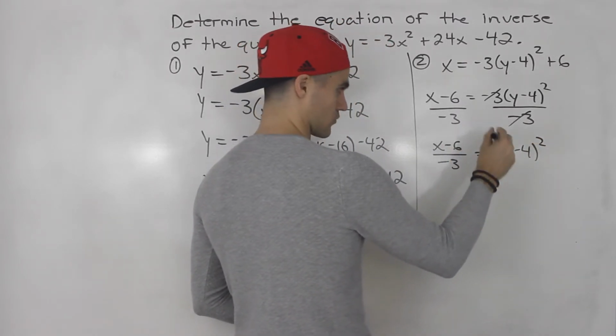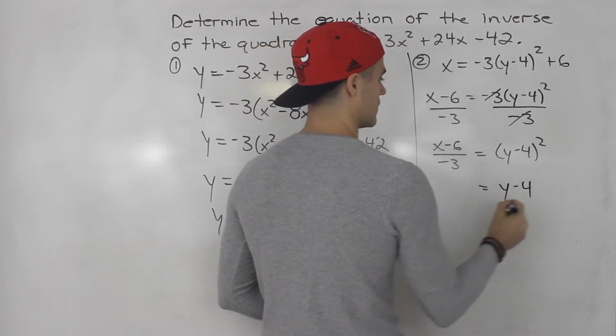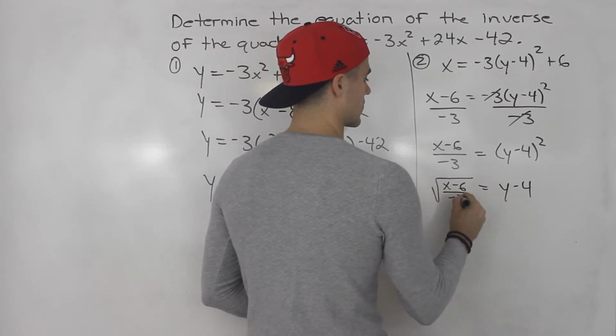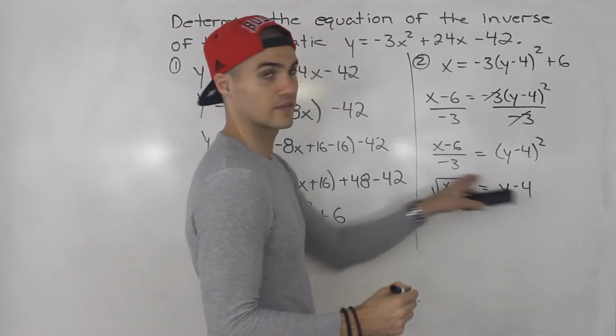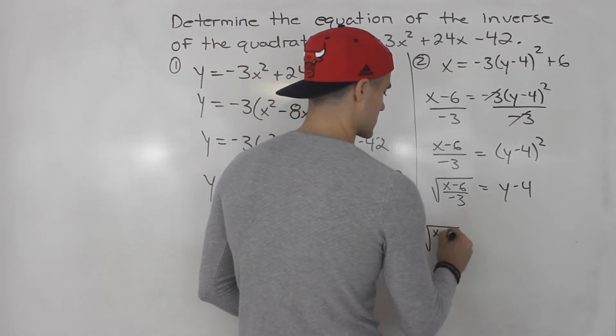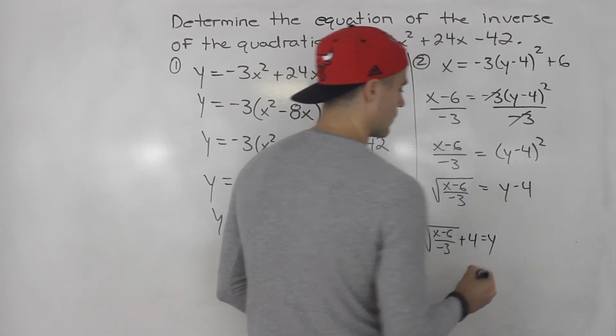And then from here, square root both sides to get rid of this exponent. So we'd have y minus 4 equals the square root of (x minus 6) over negative 3. And bring that plus 4 over. So we'd have the square root of (x minus 6) over negative 3, plus 4, equals y.